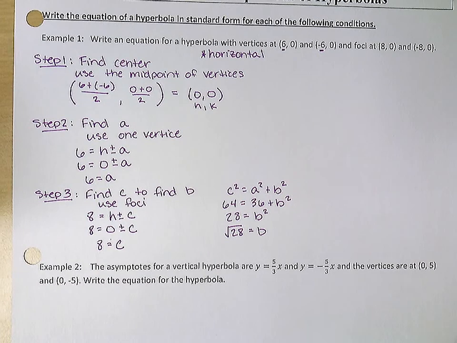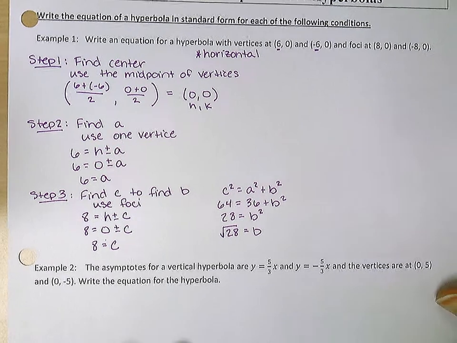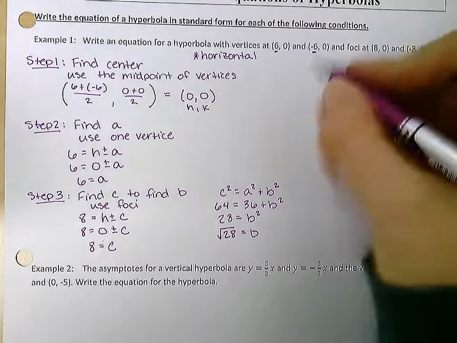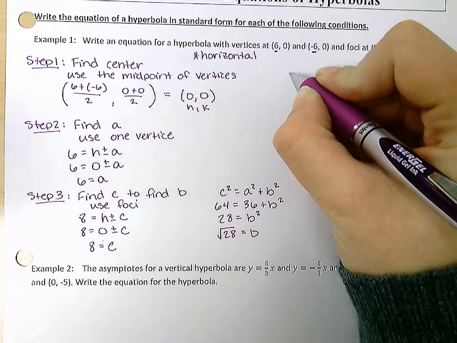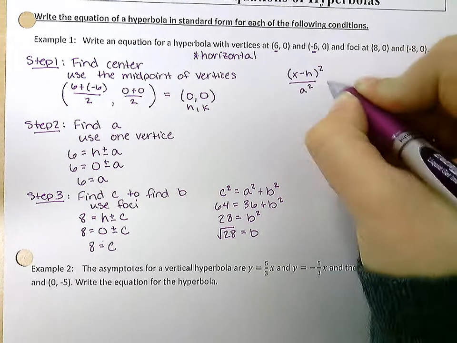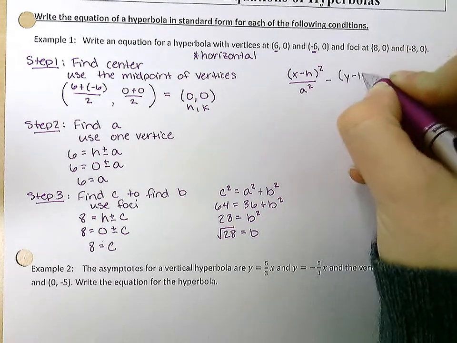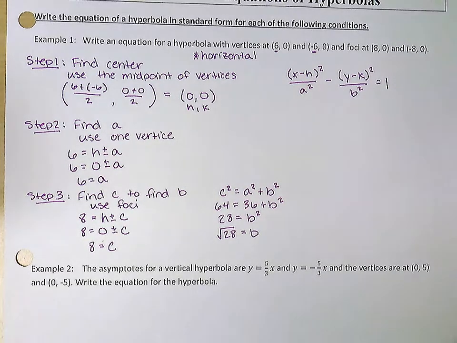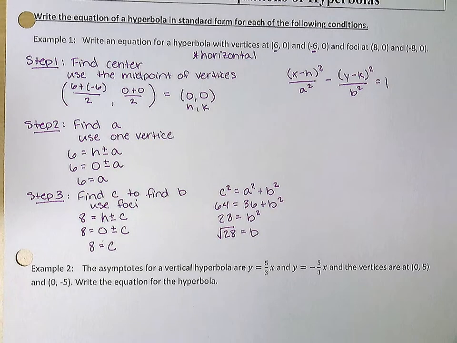Okay, so now that I have h, k, a, and b, I can plug it into that formula. So for a horizontal hyperbola, we have x minus h squared over a squared minus y minus k squared over b squared is equal to 1. So I just need to plug my values into that equation.